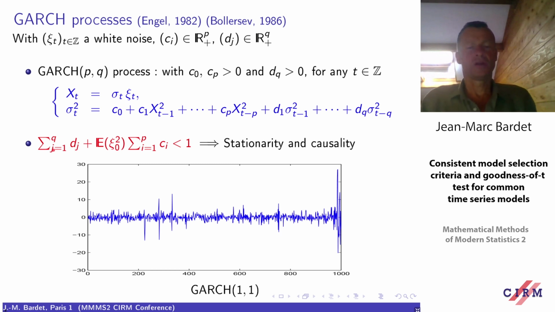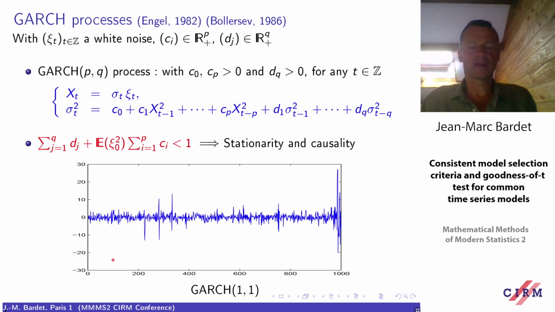So with this kind of condition, which is not exactly a condition for strict stationarity but for second-order stationarity, you can say that the process is second-order stationary and causal.